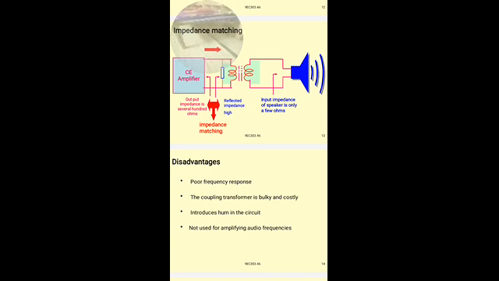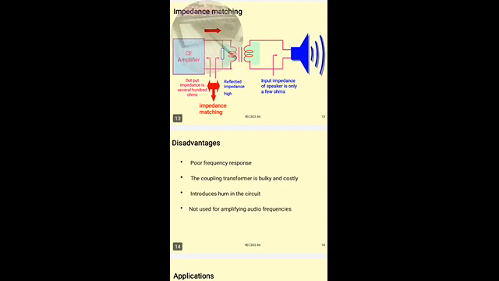The size of the circuit is quite big because the transformers are bulky and costly. Because we are using the transformer in the circuit, there is a hum, it is noisy. So because of this, it is not used to amplify the audio frequencies.